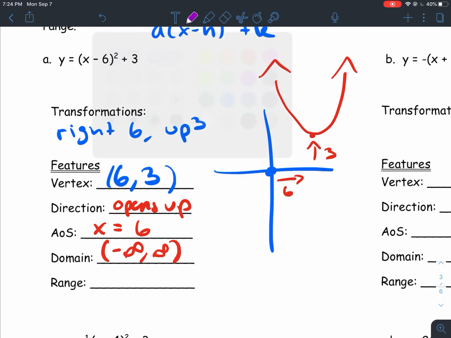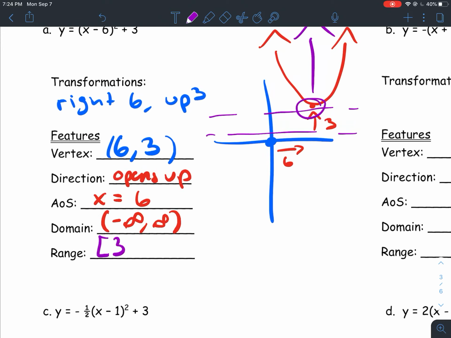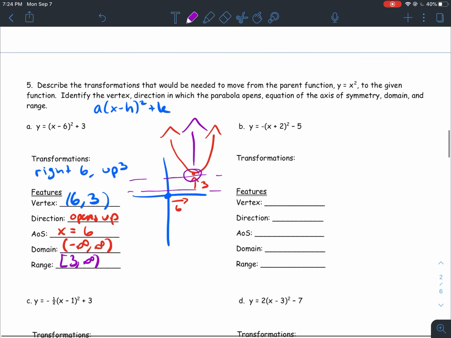Then they ask for the range. So now we have to look at our y values. They're a little bit different here, right? Our y values are actually going to start here at 3, and they open up, right? So our range is going to be 3 to positive infinity. So that's how you would do the first one.